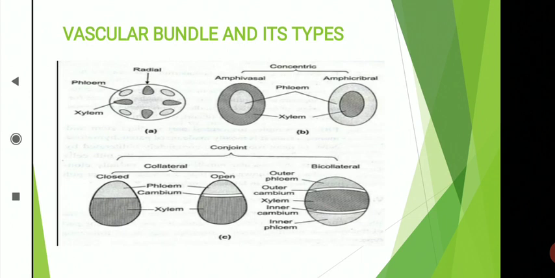So this is all about complex tissue, or we can call it vascular tissue, which consists of xylem, phloem and different kinds of their arrangement, that is called types of vascular bundles.